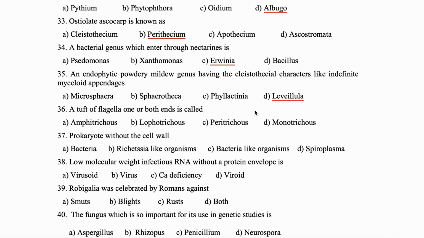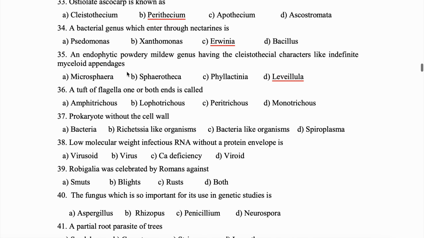Again, I will say in this model questions as well, please go through the different types of powdery mildew and downy mildew genera, which are classified on the basis of mycelial appendages in case of powdery mildew and conidiophores in case of downy mildew. So they have specific characters. For Microsphaera it is different, for Sphaerotheca it's different, for Phyllactinia it's different. For Leveillula, what we have just studied, infinite myceloid appendages.